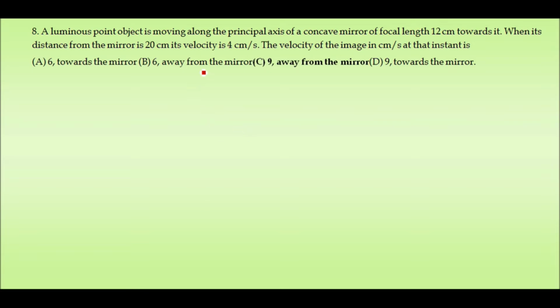So we have already derived the formula that the velocity of image, that is dv by dt divided by du by dt, which is the velocity of object, is equal to minus v square by u square. If you don't remember this formula, then just remember the mirror formula, 1 by v plus 1 by u is equal to 1 by f.